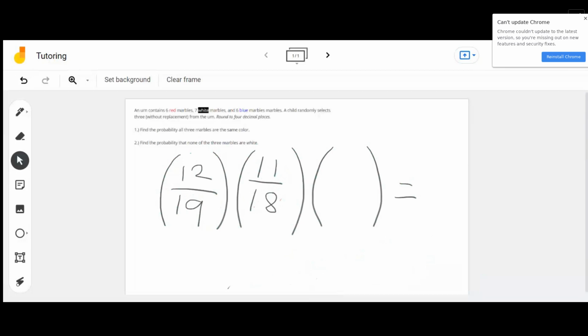Then if you repeat that for the third draw, now there are 2 fewer marbles and 2 fewer non-white marbles. If you multiply these 3 events, because we needed all 3 of these events to occur, that would be about 0.227, or roughly a 22.7% probability of this happening.